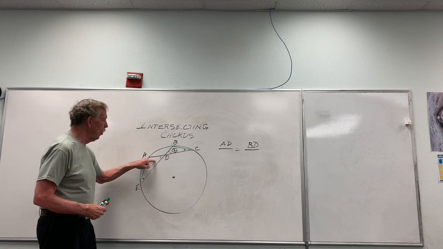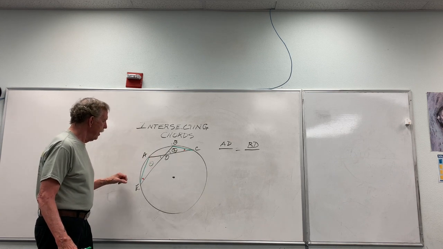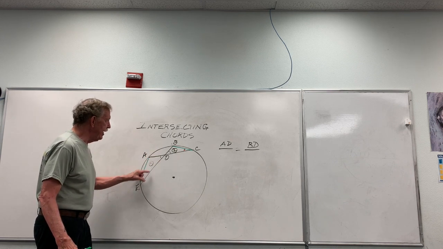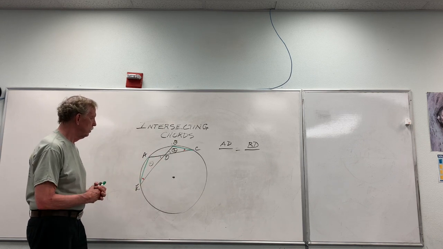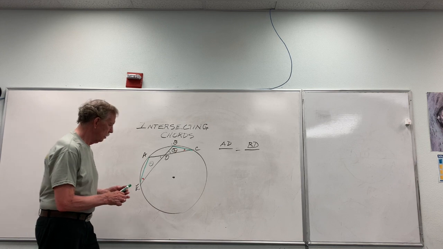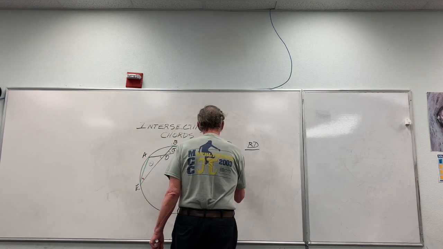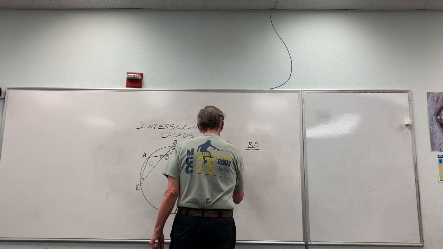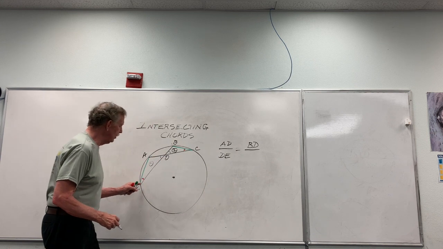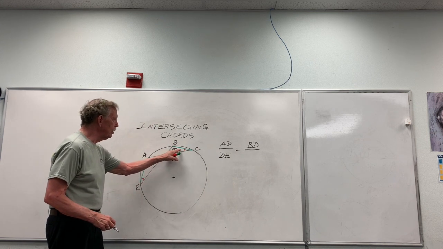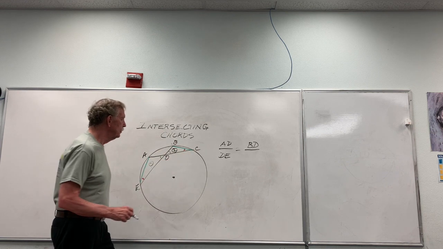In triangle 1, DE, this piece is going to correspond to DC here.